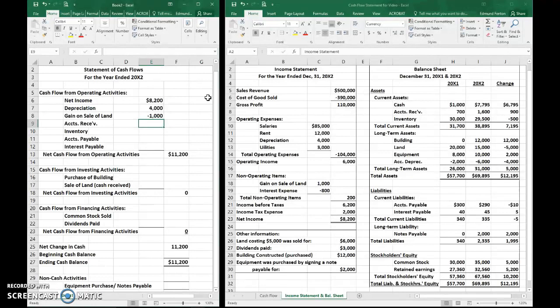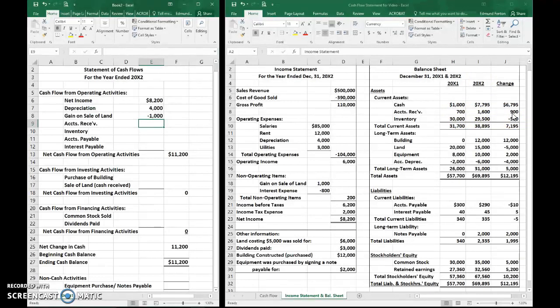The next step is to go through all of your non-cash current assets. And for brevity, I only have two: accounts receivable, inventory. And look over here, this is the 2000X1 year, 2000X2, and so receivables went up $900.